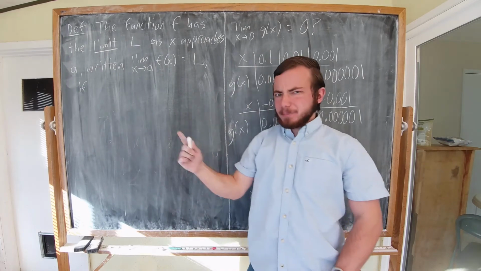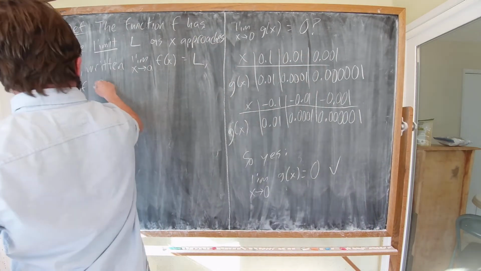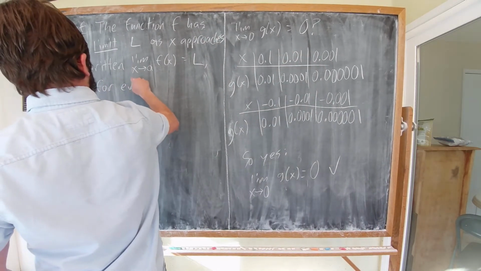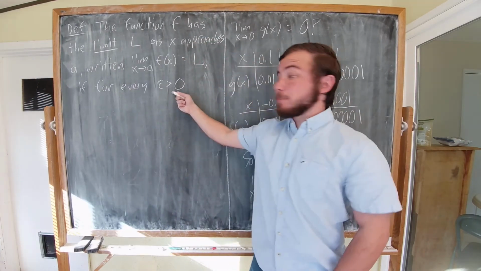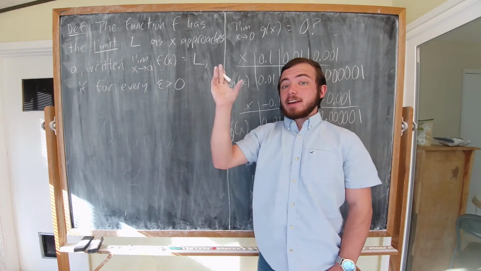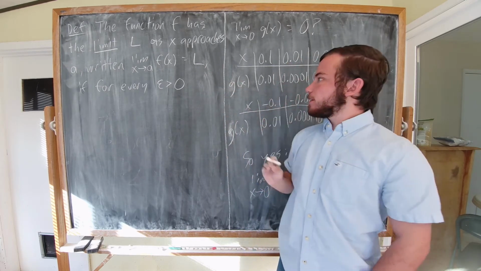for every epsilon greater than 0, epsilon is just some positive number. We think of epsilon getting really, really small.